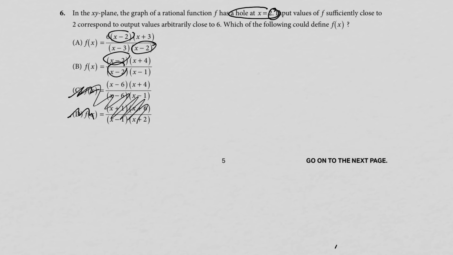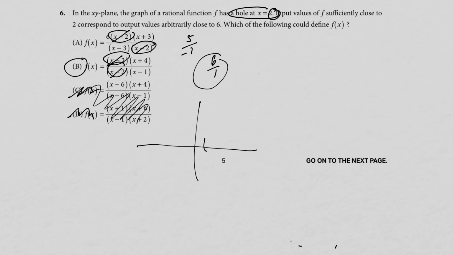But if you were to cancel out these things, and then you plug 2 in, this one you get 5 over negative 1. But this one you get 6 over 1. And that's why the answer is choice B. Basically, this is some kind of strange curve that's undefined at 2. But there's a hole, and the location of the hole is at 6.